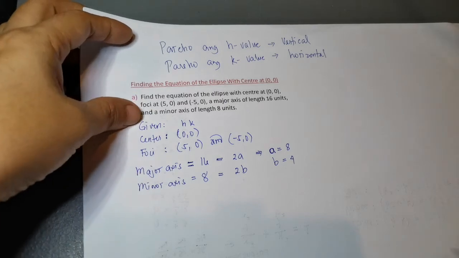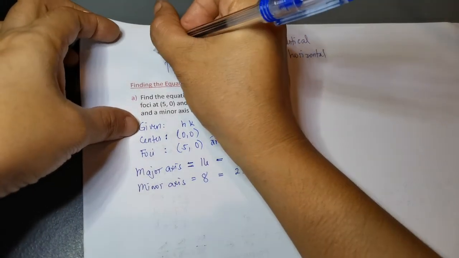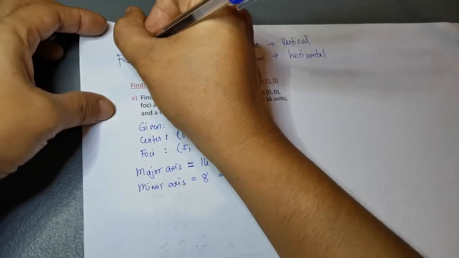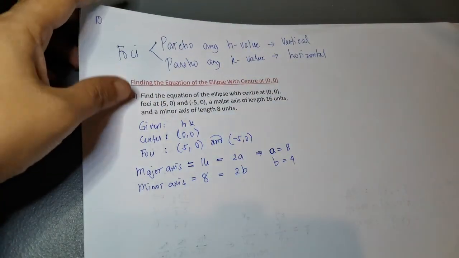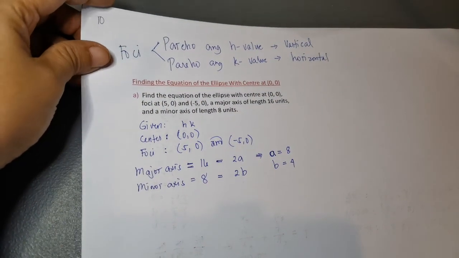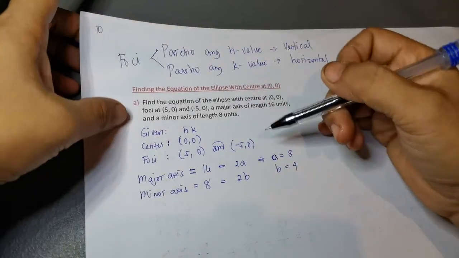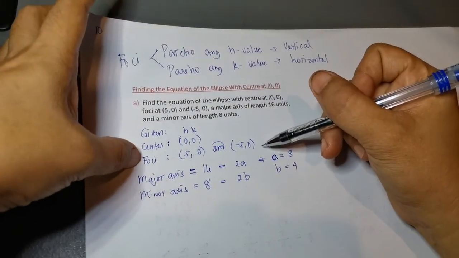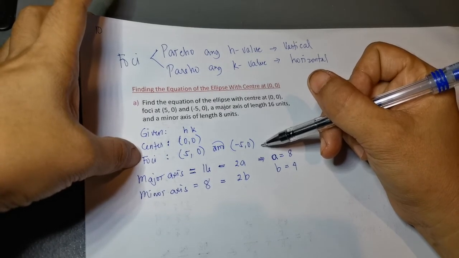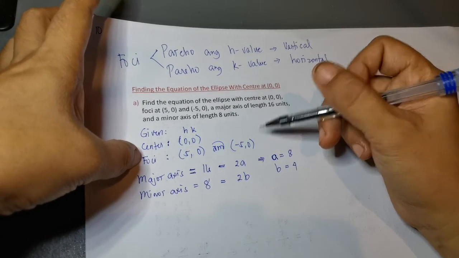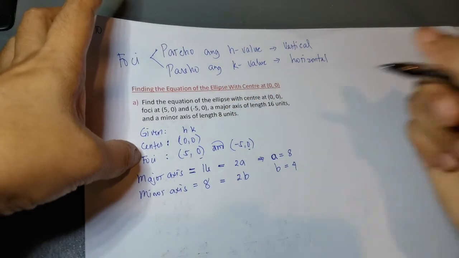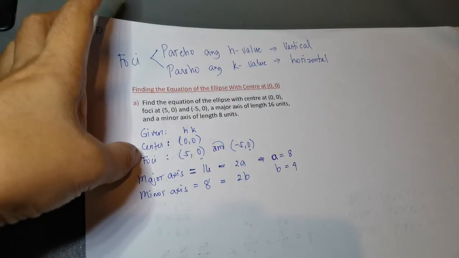Okay. So, this time, foci yan doon sa foci. Baka kung saan-saan kayo na naman nakatingin, meron na nga kayong minamahal na iba. Ayan. So, tingin tayo sa foci natin. Alin dyan ang pareho? Yes, ang pareho ay yung K value. Ibig sabihin, yehey!